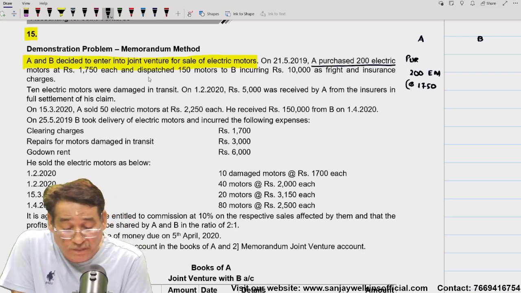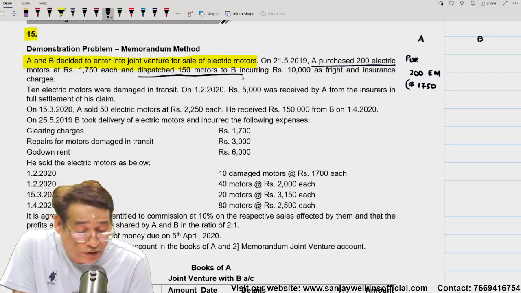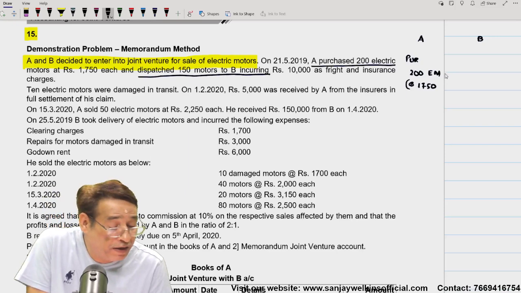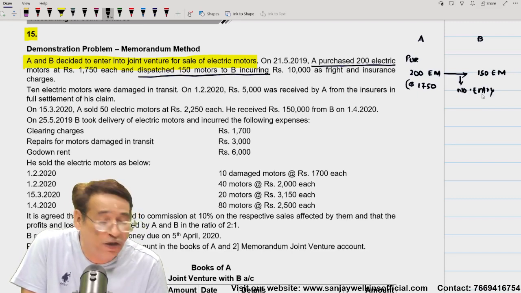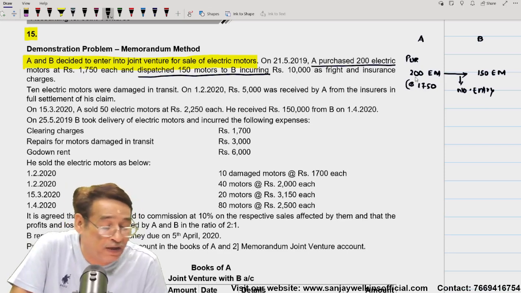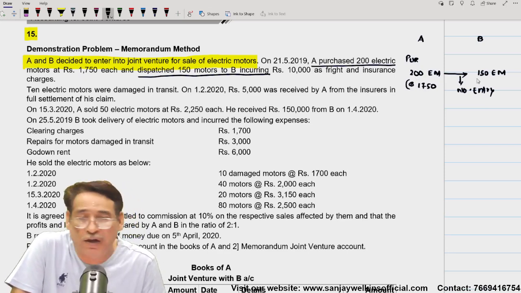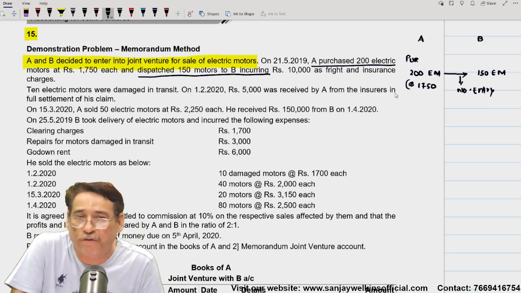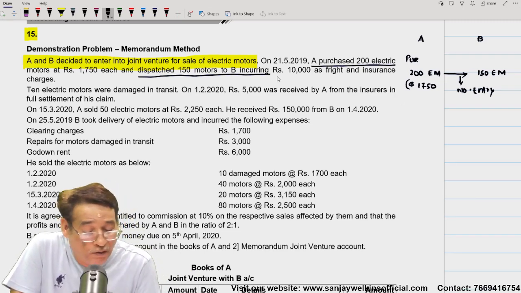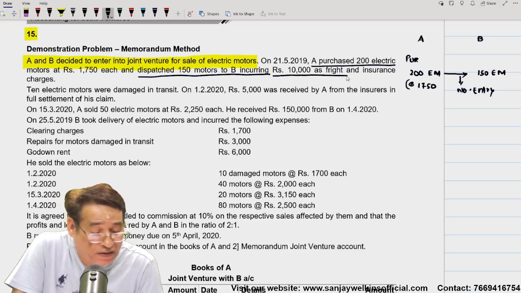Further, it is given and dispatched 150 motors to B. It is given that out of 200 motors, he has dispatched 150 electronic motors to B. We are not going to pass any entry for dispatching the goods. Important point is that out of 200, 150 electronic motors we have sent, that means A is left up with 50 electronic motors now.